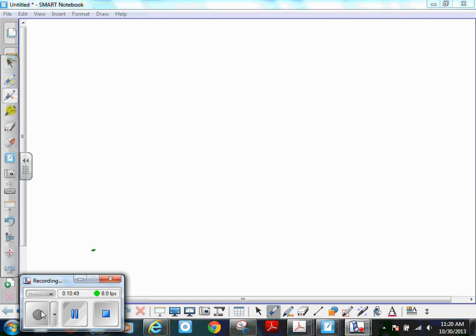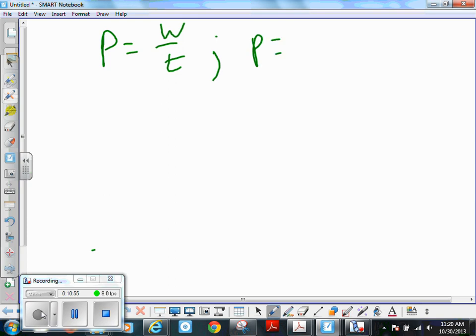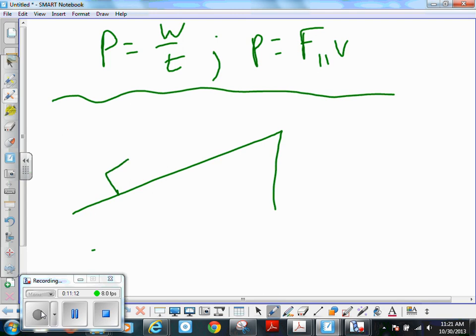Okay, so here are our two formulas. Work per time or force parallel velocity, which are actually the same thing if you do unit labels. So, should we figure this out? Should we do a couple examples? Okay. So let's say that you take a box and you move it.